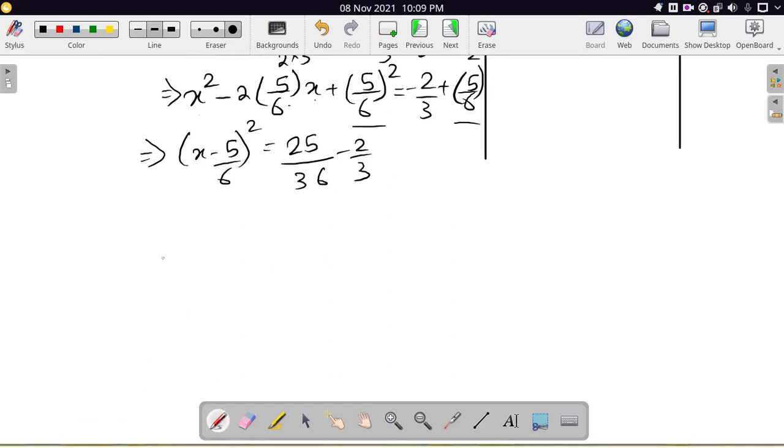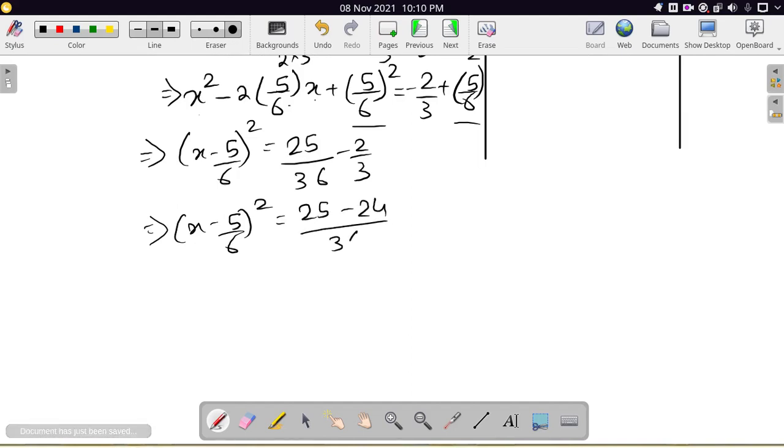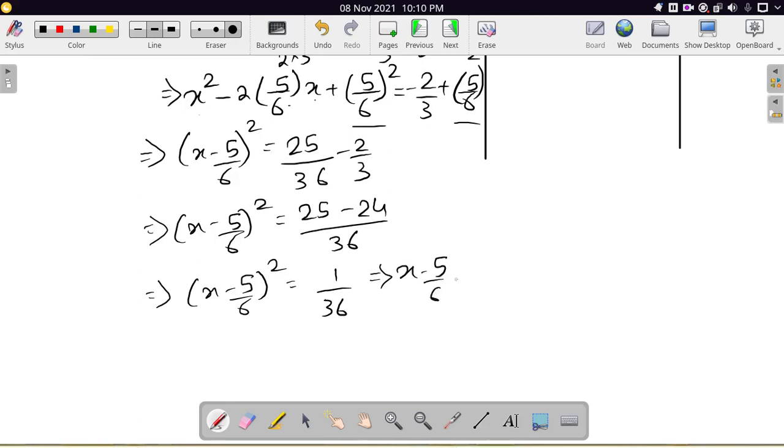And this will come out to be x minus 5 by 6 whole square equals 25 minus 24 by 36. This is equal to x minus 5 by 6 whole square is 1 by 36. This can be written as x minus 5 by 6 is plus minus 1 by 6.